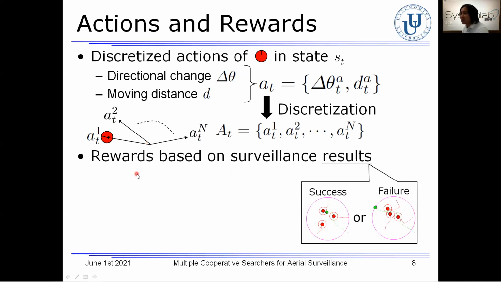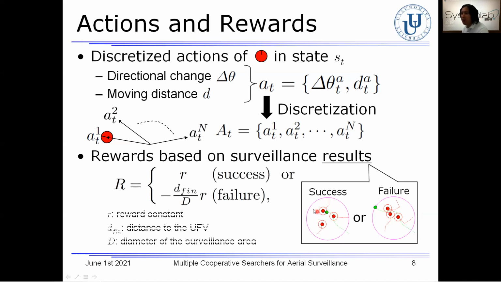At the end of each episode, positive or negative rewards are given to the searchers depending on the surveillance result, success or failure. If the negative rewards are equally given to the searchers in case of failure, even the approaching searcher is evaluated as ineffective for surveillance, as well as the leaving searcher from the UFV.